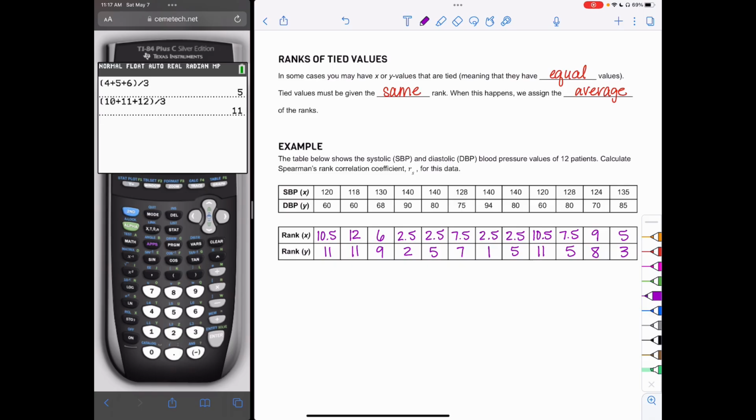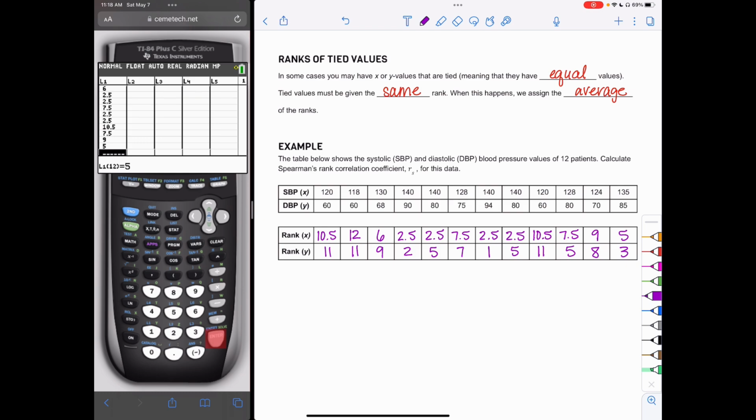All right. So now, in order to find our Spearman's rank correlation coefficient, we're going to go to stat edit. We're going to clear out everything that we have in L1 and L2, and we're going to type in our rankings. So we have 10.5, 12, 6, 2.5, 2.5, 7.5, 2.5, 2.5, 10.5, 7.5, 9, and 5.